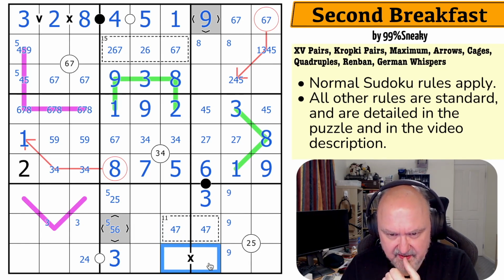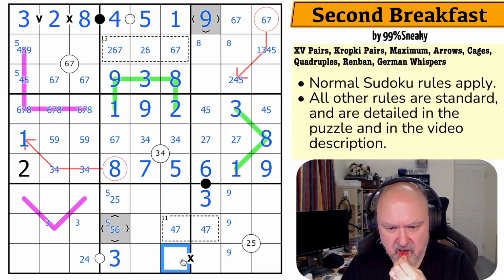Is it this now? If this was 1, 9, 1, 9 seems okay. It can't be 2, 8. So it could be 1, 9 like that, because it has to sum to 10. 2, 8 is not possible because I can't put 2 in either of them. 3, 7 is not possible. I can't put 3 in either of them. 4, 6. Well, I can't put a 6 there, so it would be 4 and 6.